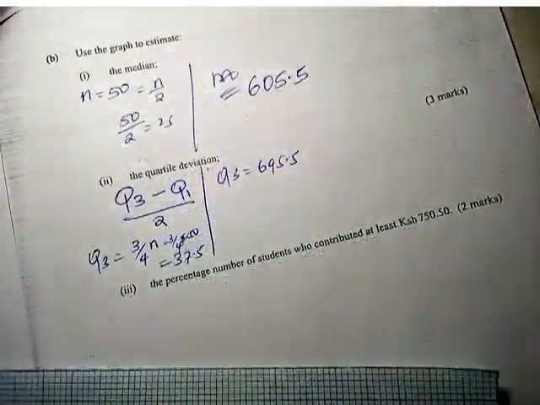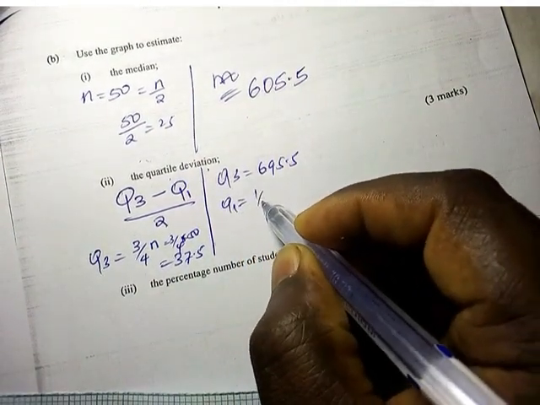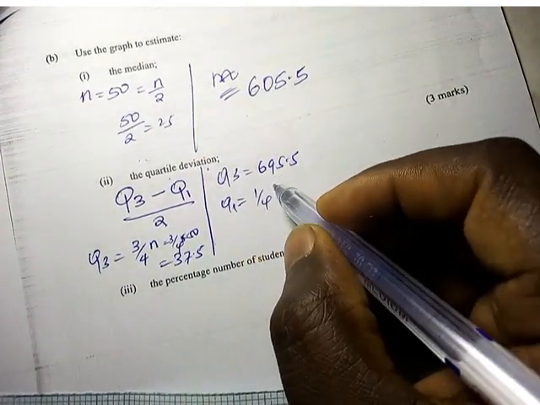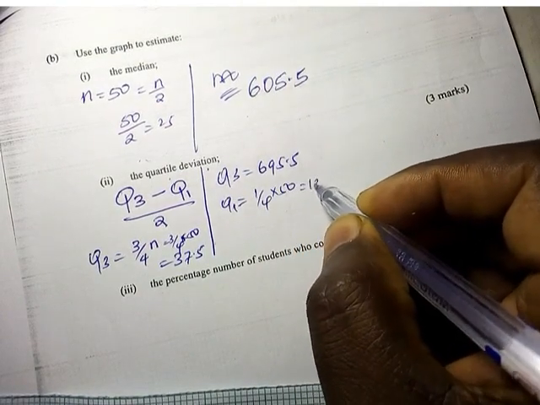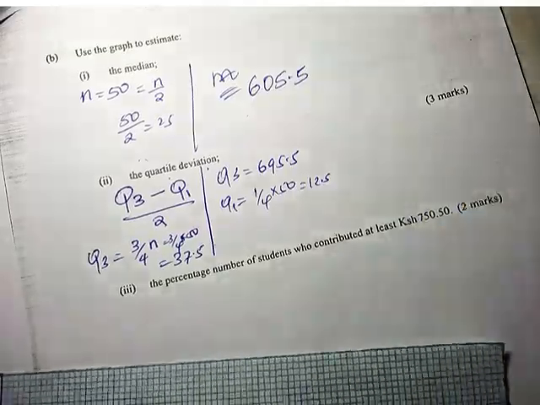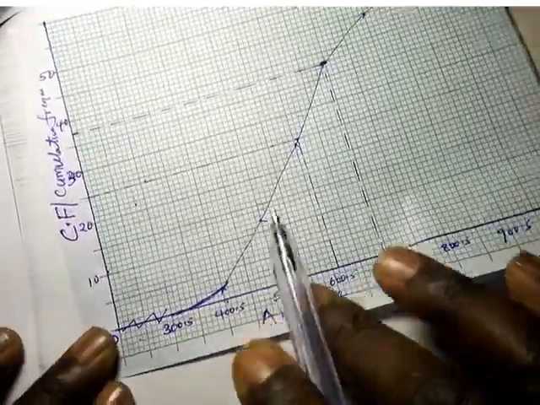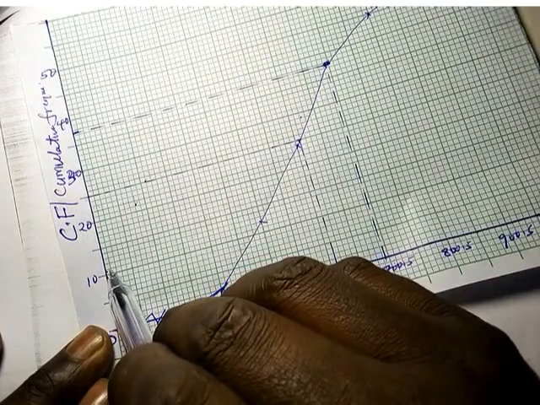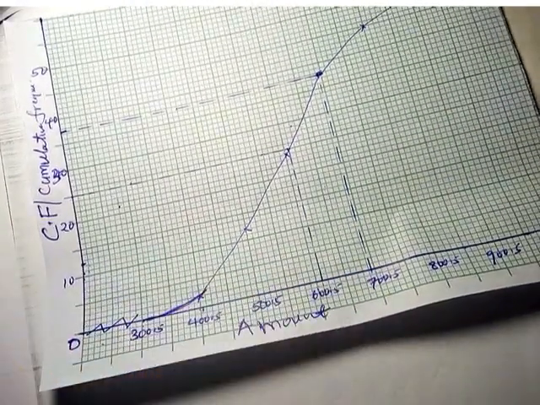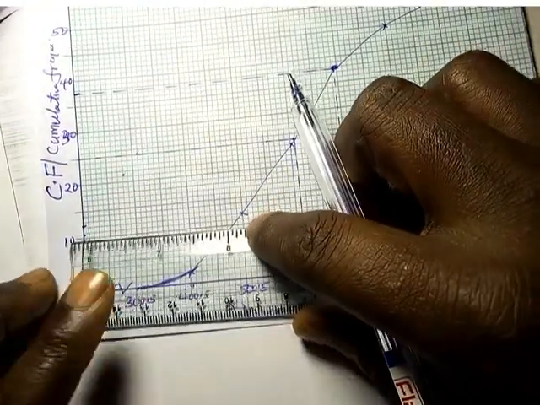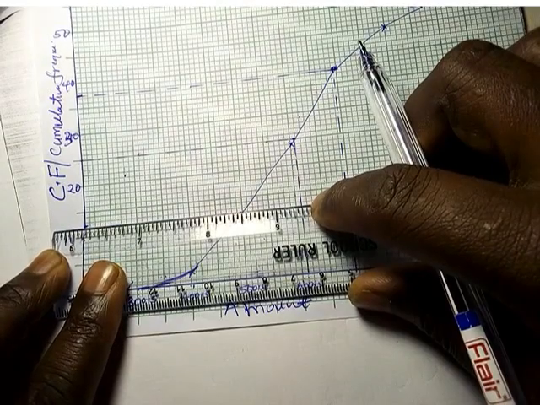Now let me get Q1. Q1 is 1/4 of the total cumulative frequency, times 50. This one is 12.5. So our Q1 is found where we have 12.5. This is 10, 11, 12. 12.5 is here. So draw also the dotted line to the curve.